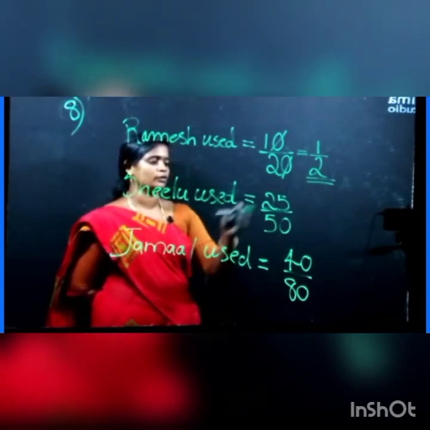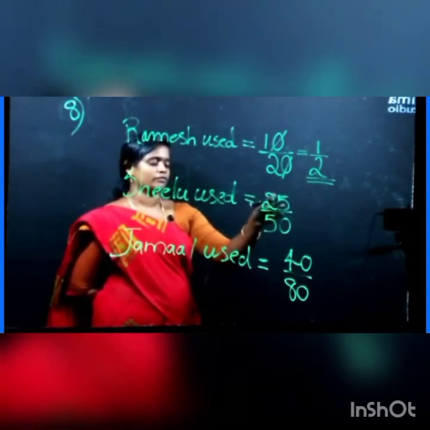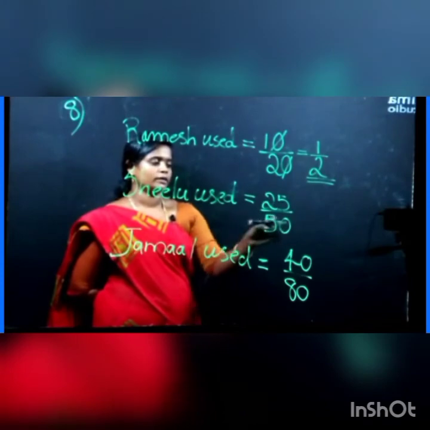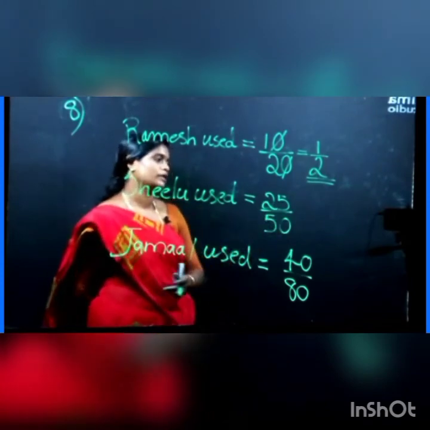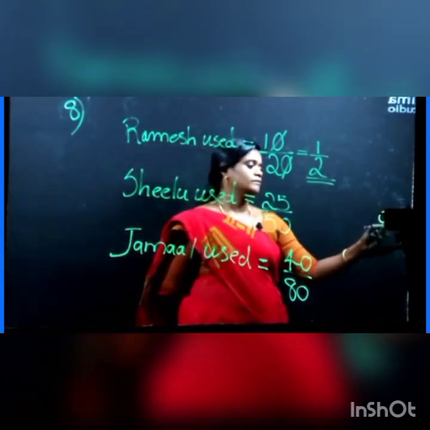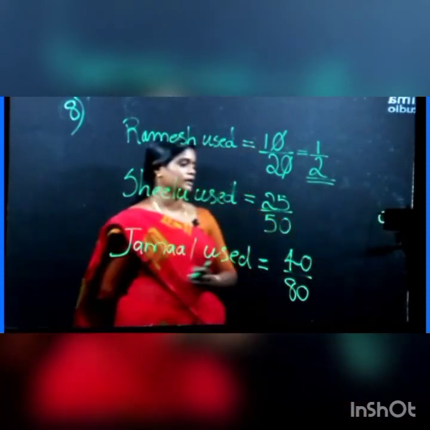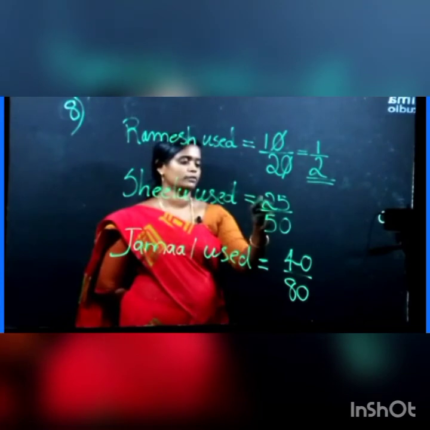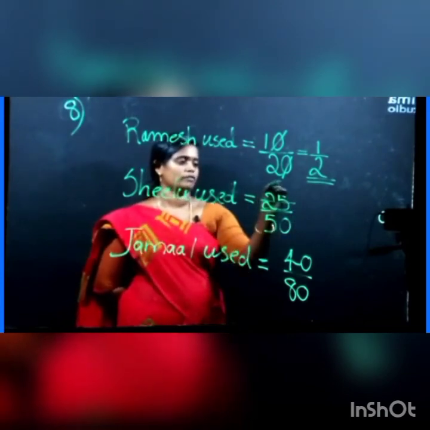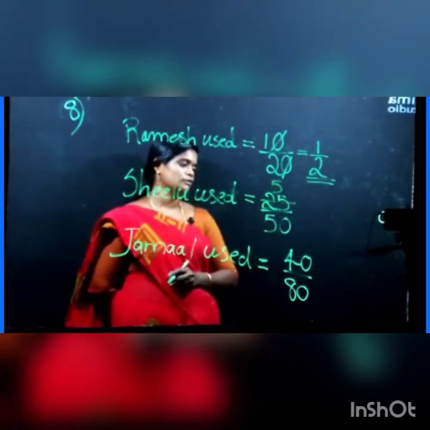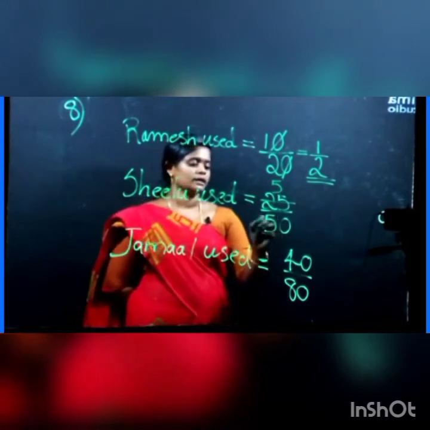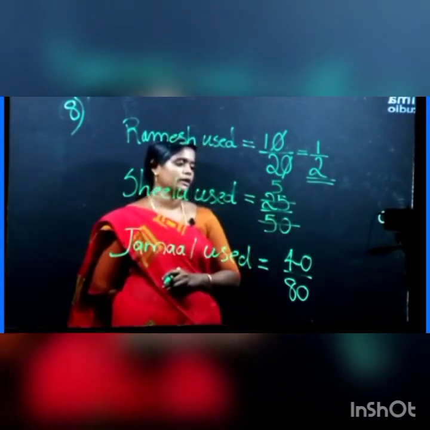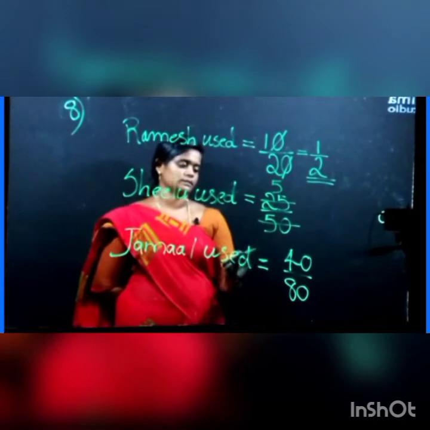Here we know that the numerator ends with 5 and the denominator ends with 0. We know that numbers ending with 0 and 5 are divisible by 5. So we can cut by 5. First you cut 25 and write 5 here, because 5 5s are 25. Next cut this 50 and divide the number digit by digit.